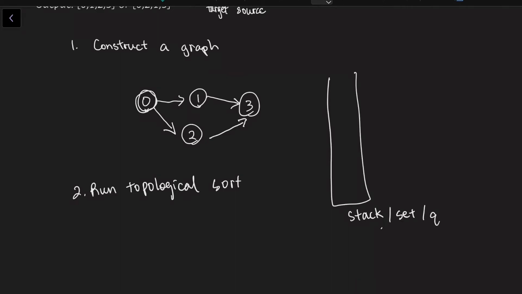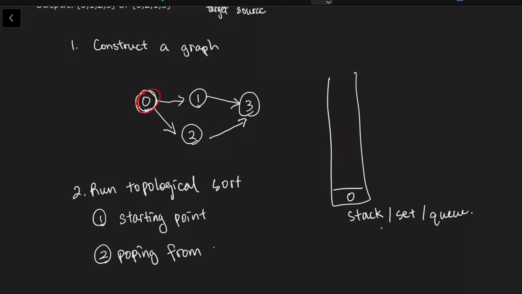You can also use a queue. Either one works. So we want to find the starting point first. Starting point. And in this case, it's node 0 because it doesn't have any incoming edge. And we can start popping from our stack until it is empty.